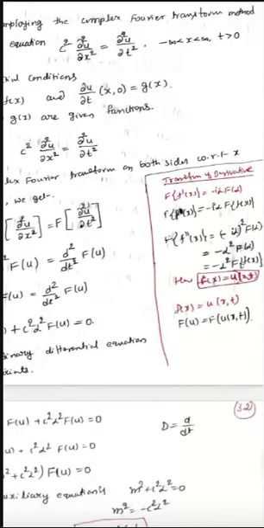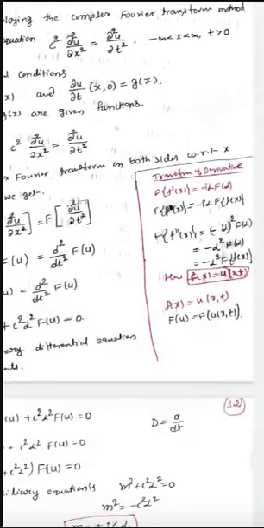F of f dash of x, a differentiation, can be written as minus i alpha into F of alpha. Similarly here, f dash of x means ∂u/∂x, a single derivative, so minus i alpha F of f. If it is a double derivative, you take minus i alpha whole square, which is minus alpha square F of f.